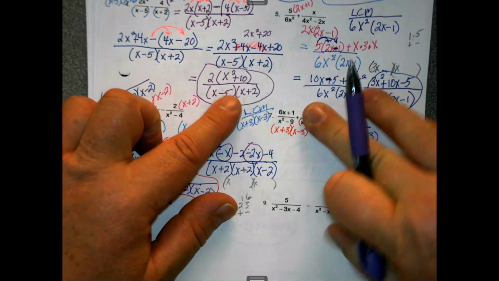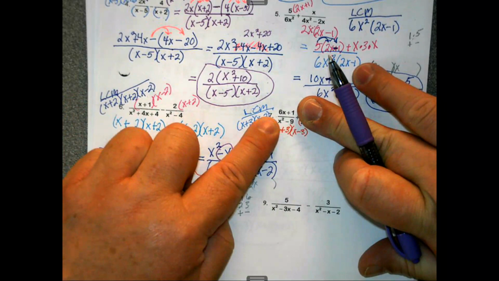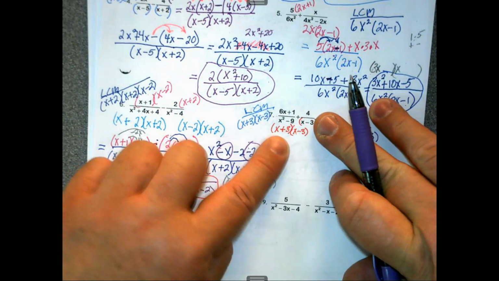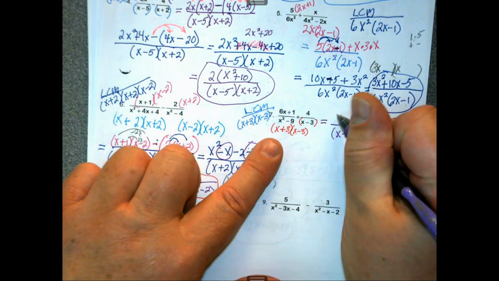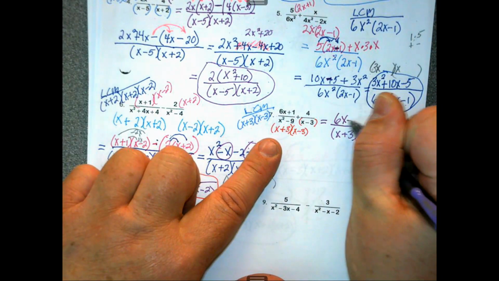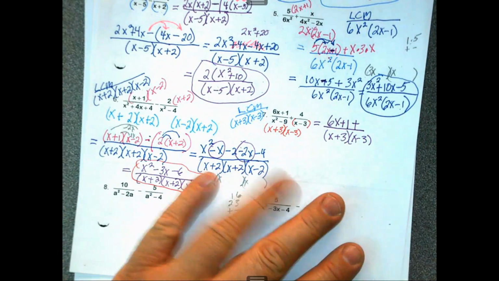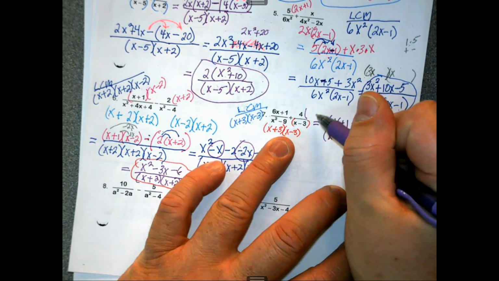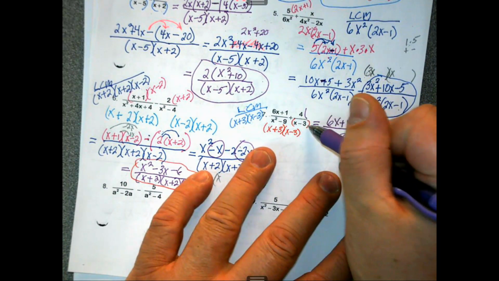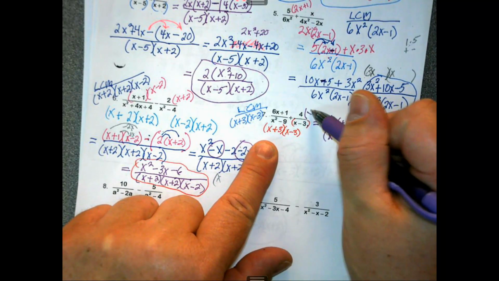And I don't even need to multiply this numerator by anything because I have everything in the denominator. So just recopy the numerator. Plus, now the 4, I'm going to have to multiply by, let's see, this one does not have an x plus 3.